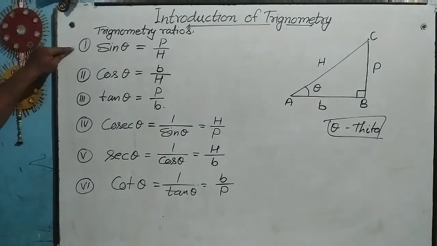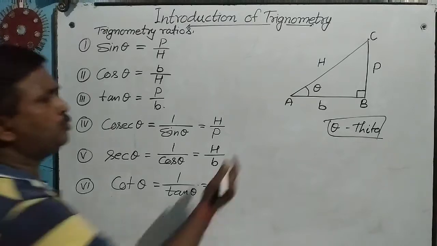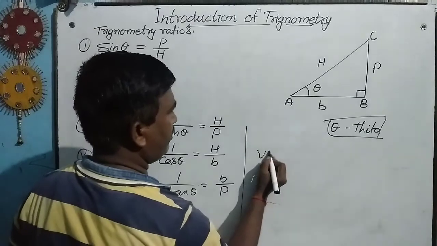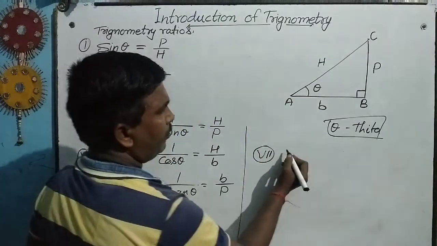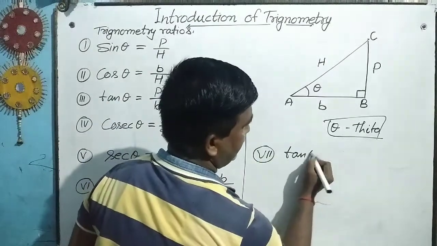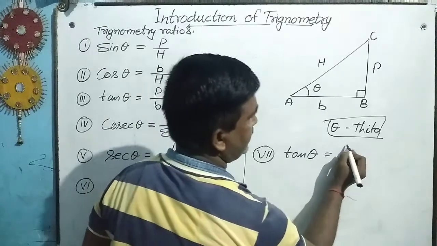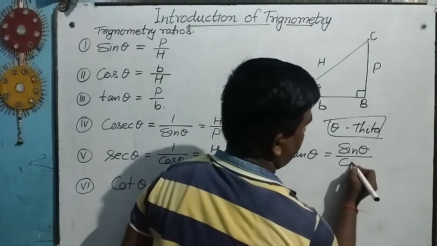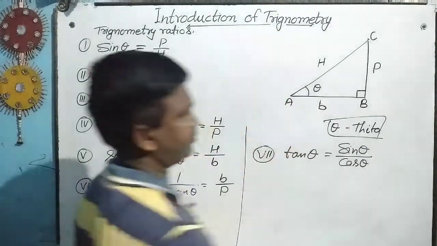Mainly there are 6 ratios, and 2 more here. The seventh one: tan theta is equal to sin theta upon cos theta. Why?